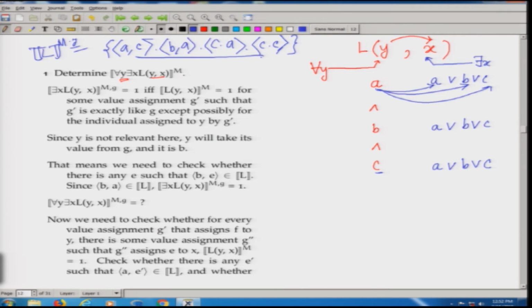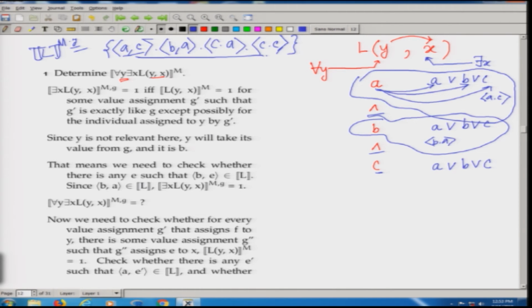Now what is the checking? This should be an AND. That means we have to check it for all three, A, B and C. The first member is A, so we need to find all three. So yes, we find AC. So AC is there. So one part is satisfied. So then the entire A part is satisfied. Then B, we have BA. So BA is there. So once again the entire part is satisfied. And then we have CA.